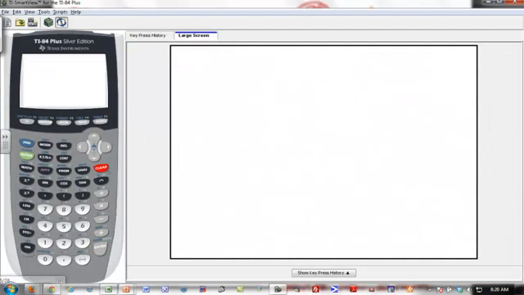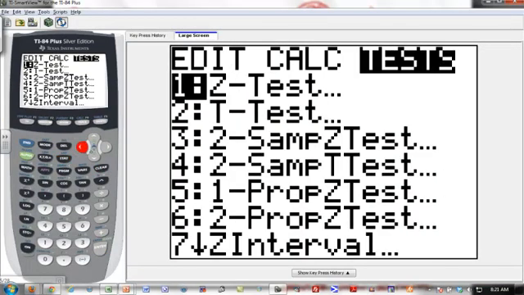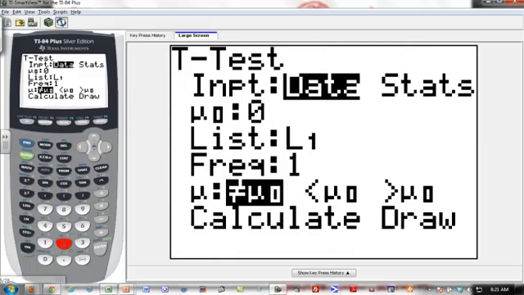But let's switch over to the calculator version of this and see what it looks like. Let me clear this off. Let me go to stats. Let's go to tests, and let's see if we can find the thing that we need. T-test, option number 2. Now, here's something we haven't seen before.